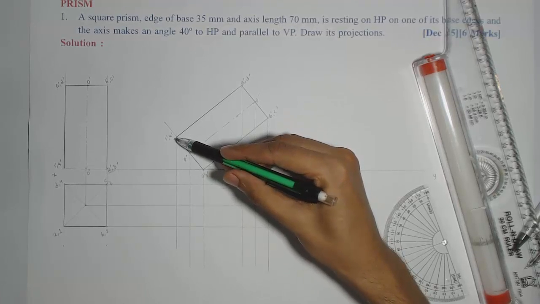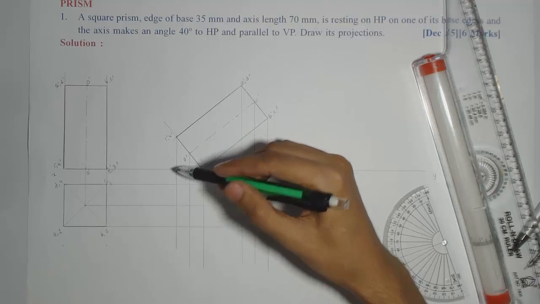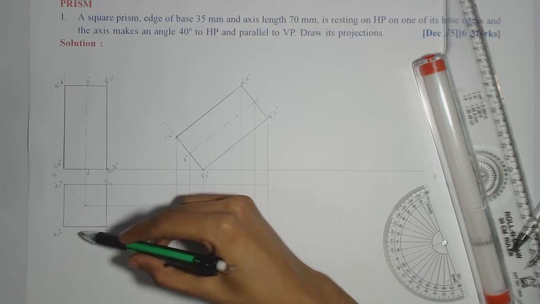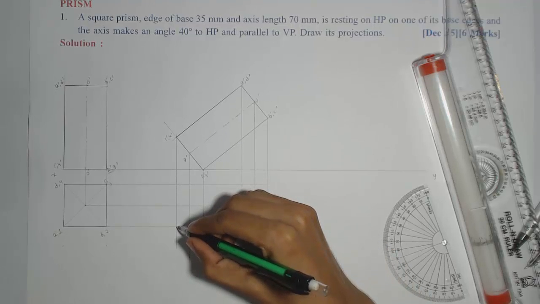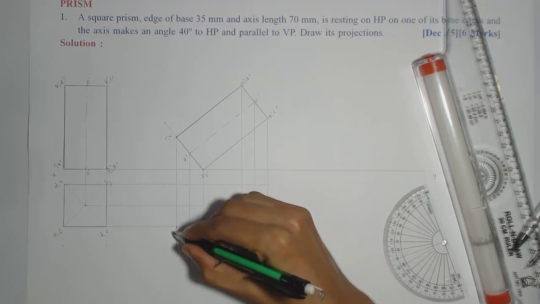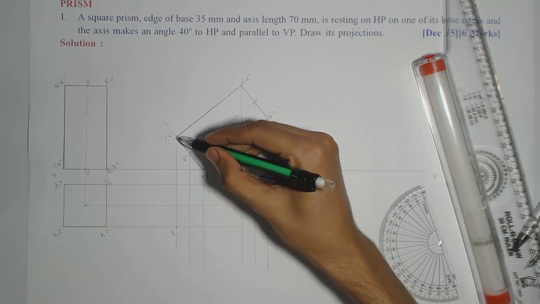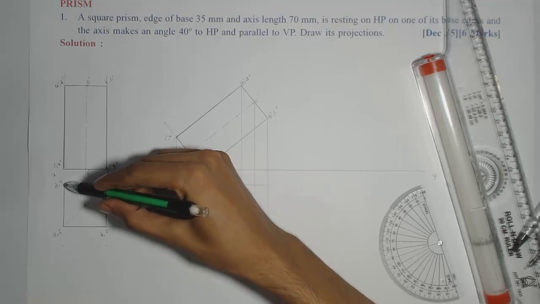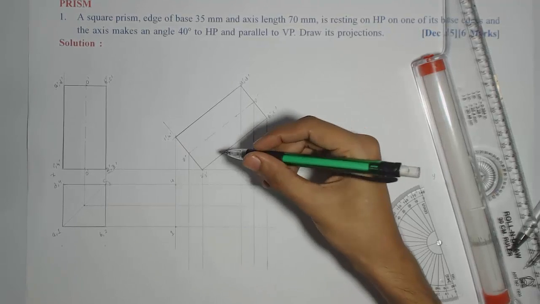So I'll start with 1 dash from the front view and I'll look for the projector from 1 in the top view. So 1 and 1 dash, so I'll get 1 in the top view here. Then again I'm having the same 4 dash on the same projector, so I'll look for 4 in the top view again, so I'll get 4 here. Okay.